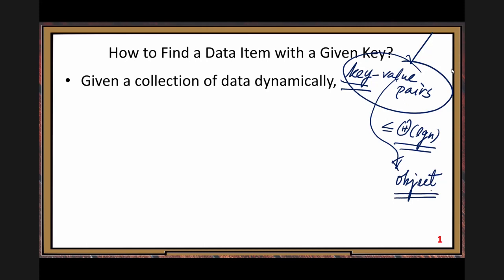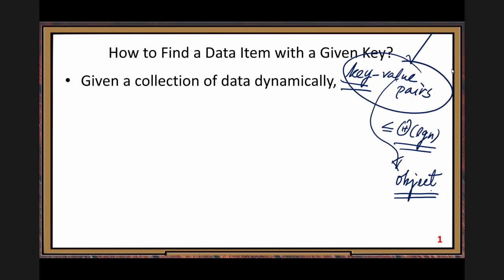Programming object. Object-oriented programming. So we are talking about programming object. Right? So you can store a block of data in one object.